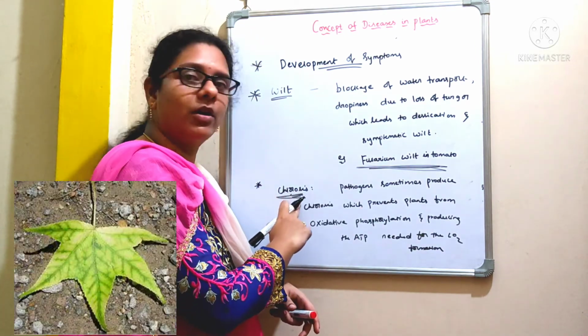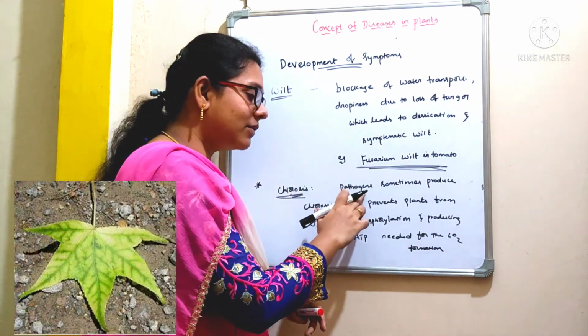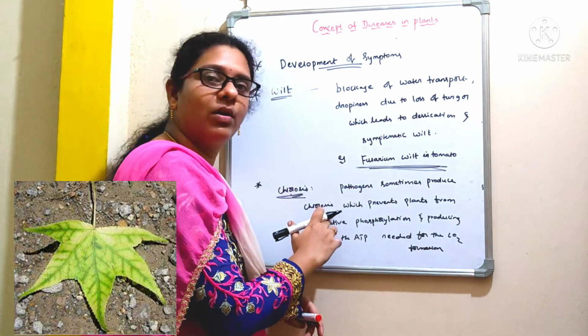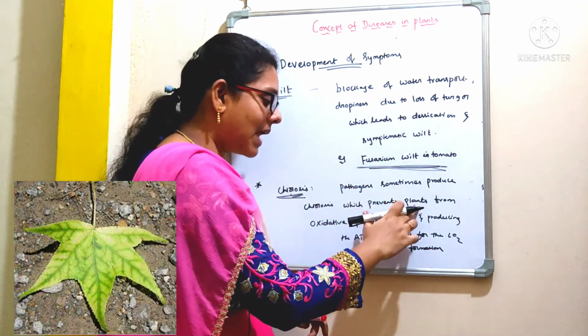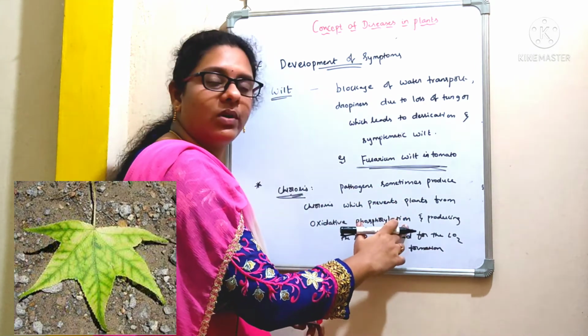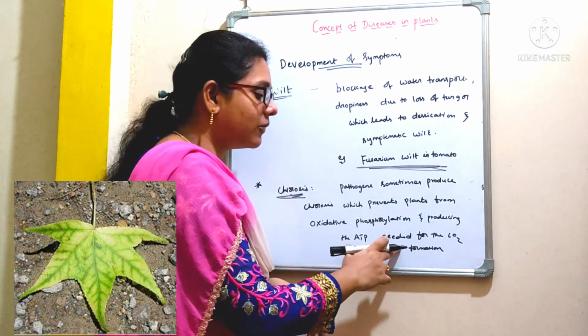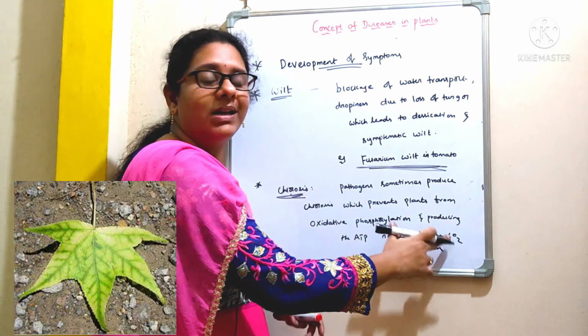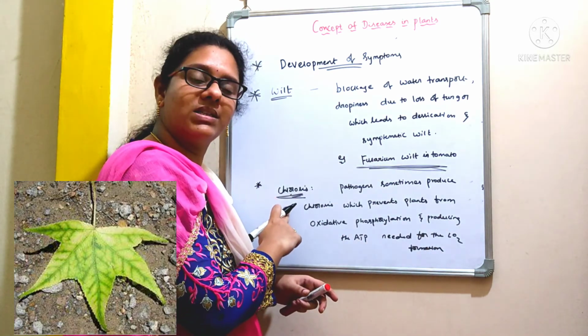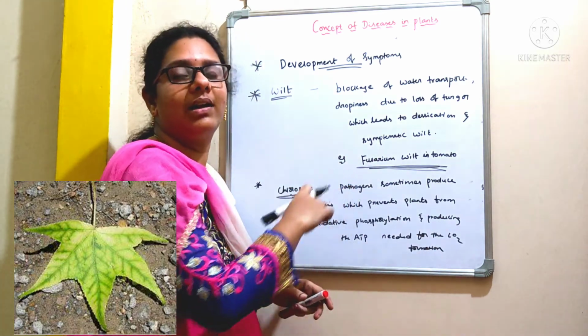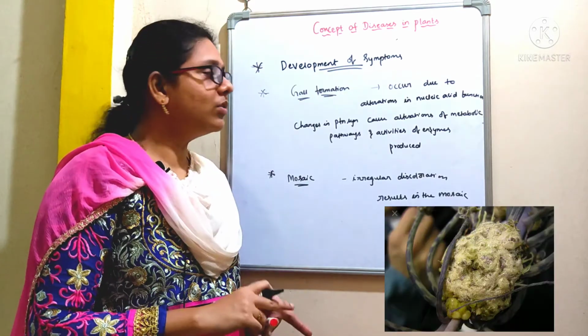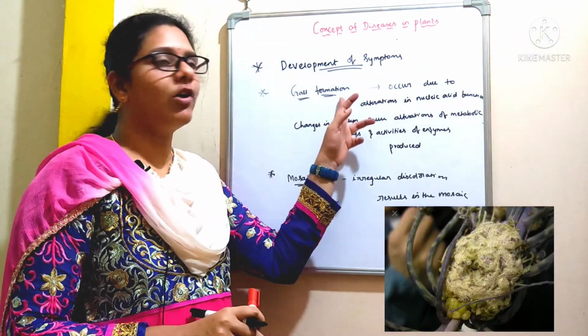Coming to the symptom of chlorosis, here the plant pathogens sometimes produce chlorosis, which prevents plants from oxidative phosphorylation and producing the ATP that is required for the formation of carbon dioxide. Simply, we can define chlorosis as the loss of green color in the plants. Coming to the other symptom, that is gall formation.